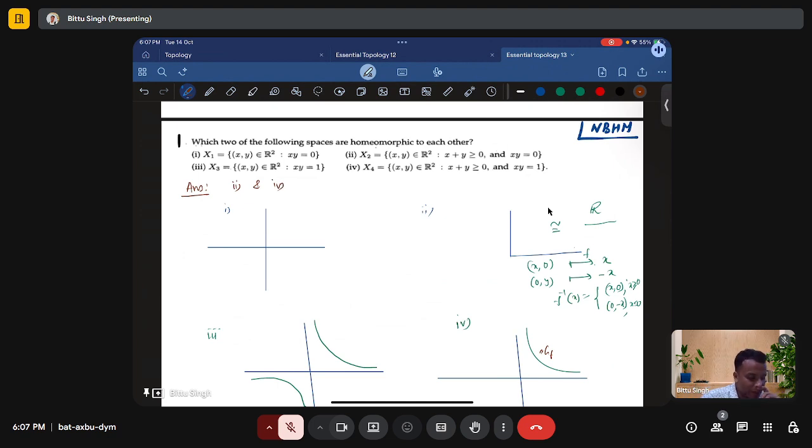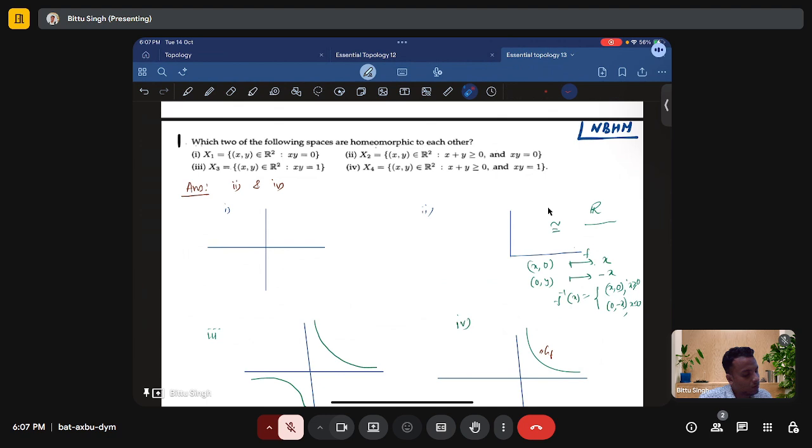But what about X1? So X1 is this. This cannot be homeomorphic to this, right? Because if we remove the point, then it breaks into 4 disconnected components. But here, if we try to remove a point, it will break into two components.